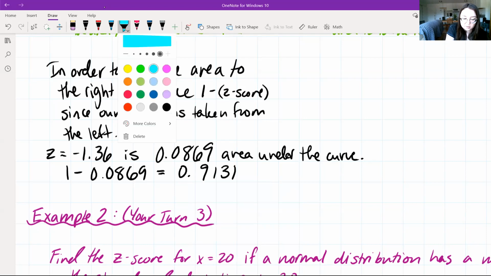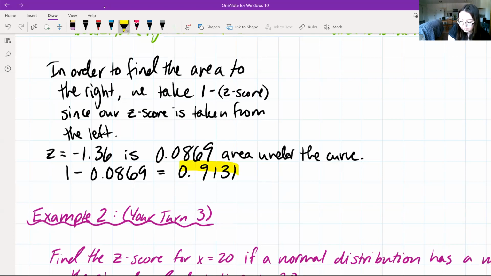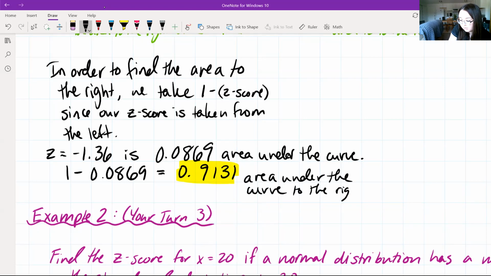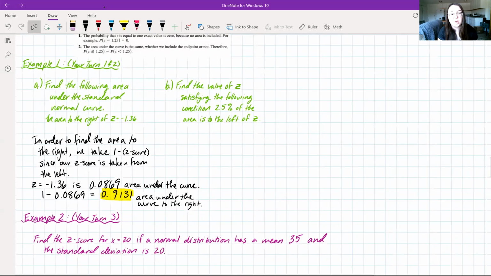Let's highlight this so it's clear that this is our answer. This is the area under the curve to the right. So that is how we would find our area to the right of a curve instead of to the left. Now let's scoot over our next problem so we can have a little bit more room.